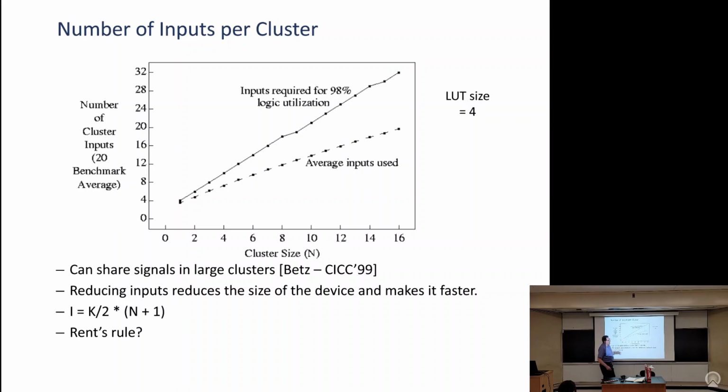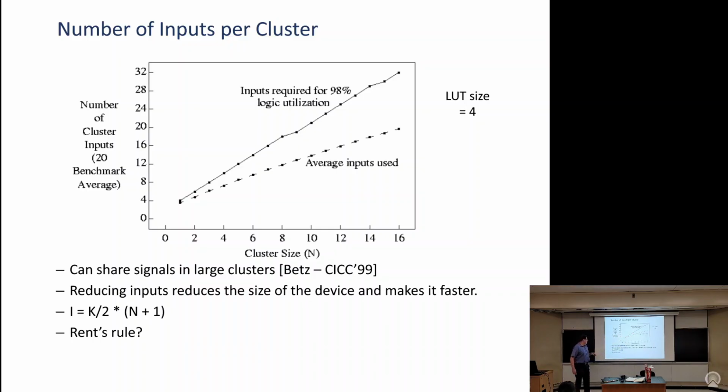They basically took the packer and they said, how many inputs do we have to give you for you to pack the clusters very full, like 98% full? And I did that, and I basically just arbitrarily decided 98% seemed pretty good. So as we go up in cluster size, like number of LUTs, we need more inputs. That makes sense.